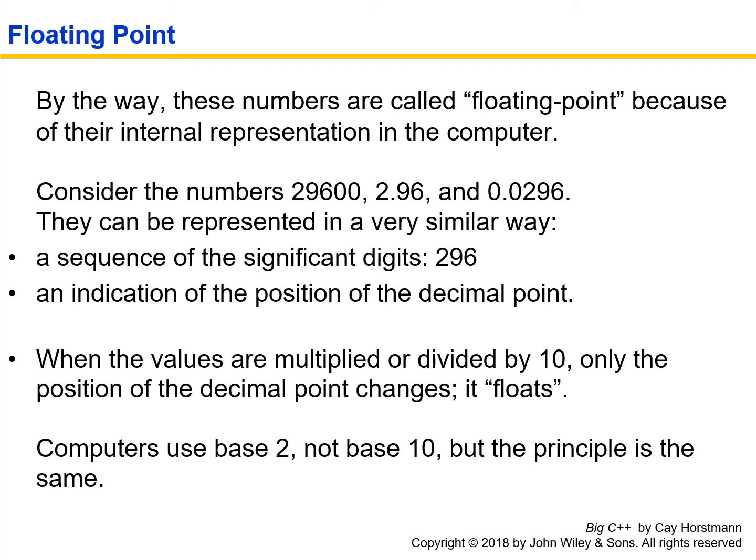The point is either 2.96 times 10 to the fourth, or 2.96 times 10 to the 0, or 2.96 times 10 to the negative 2. So by attaching a times 10 to the number, an exponent, the decimal point floats along the number.